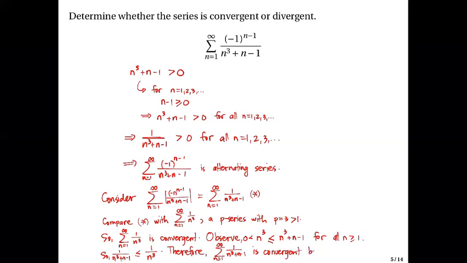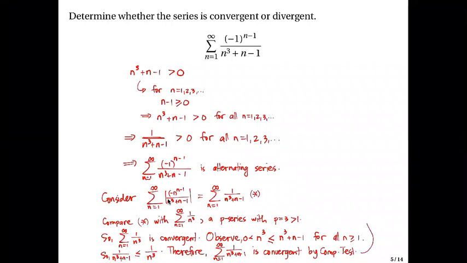Convergent by comparison test. So we just use comparison test. Therefore, the original series here is absolutely convergent because this guy here is convergent and this is that one, okay?